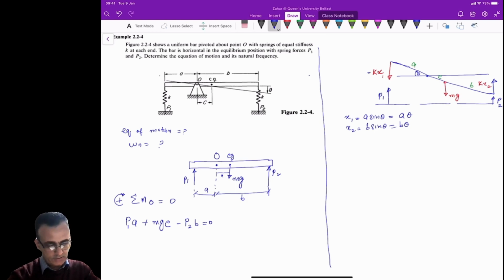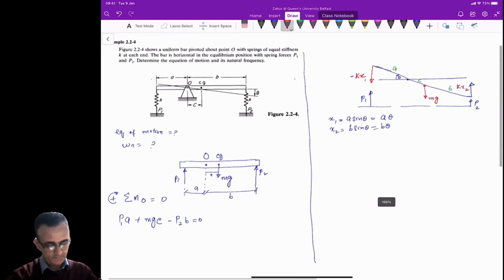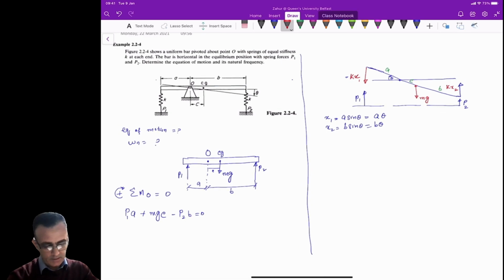So this spring force here becomes equal to k a theta, and this spring force here becomes k b theta. So these are the forces in terms of theta, because the angle is very small, so we can represent sine theta by theta here.